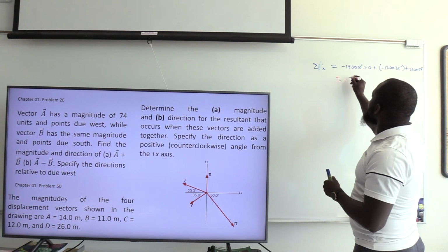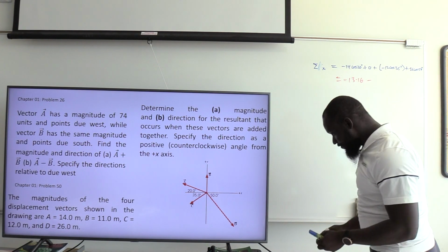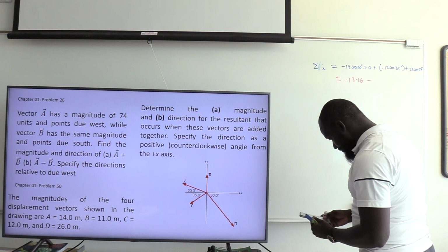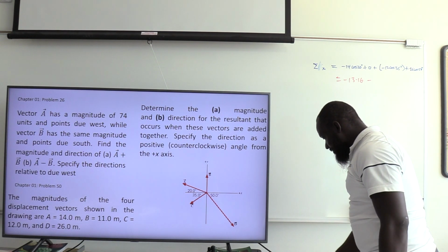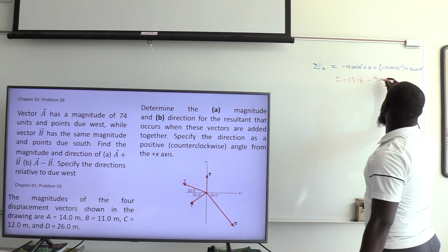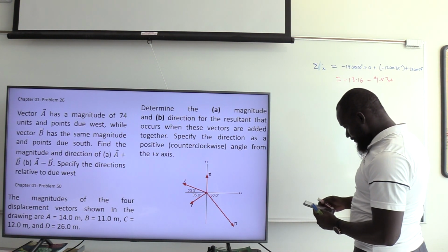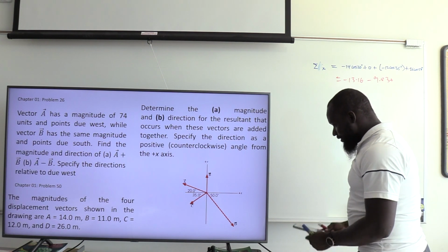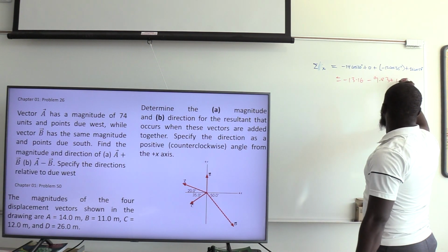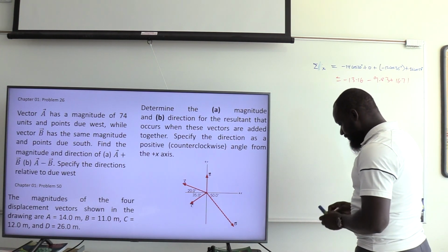So this is minus 13.16 plus 0 minus 12 cos 35, which is minus 9.83, plus 26 cosine 50, which is 16.71.